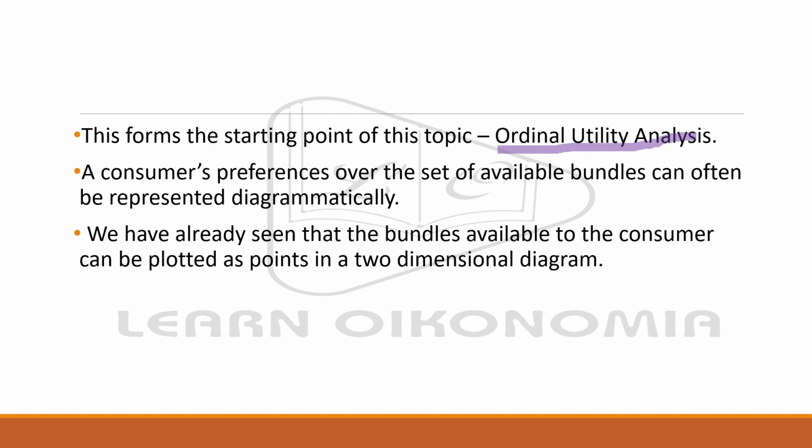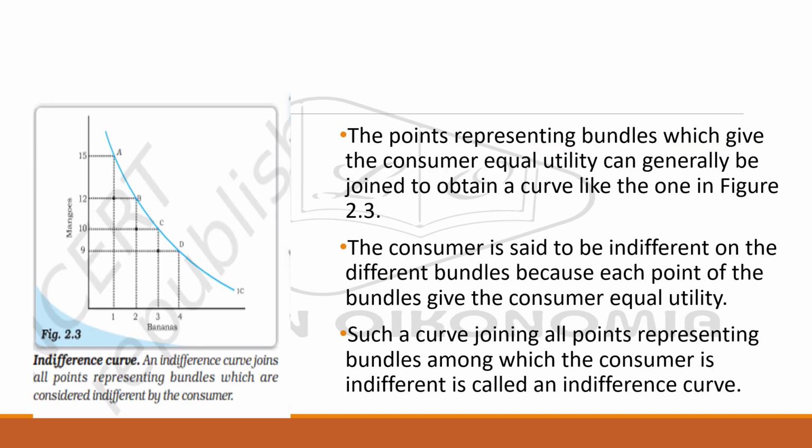They say that a consumer's preference over a set of available bundles can be represented diagrammatically. Again, it would be a two-dimensional figure. Let's see how it looks. This is how you can plot the different combinations of two commodities, and each point on this particular curve would give you the same utility.